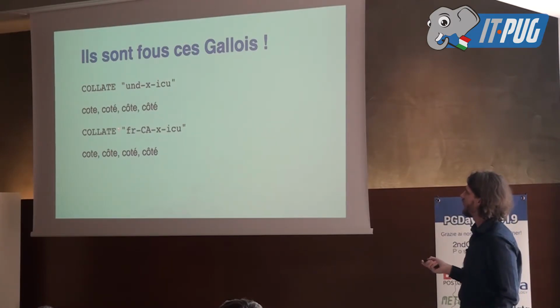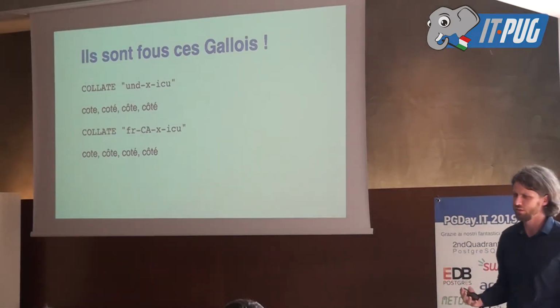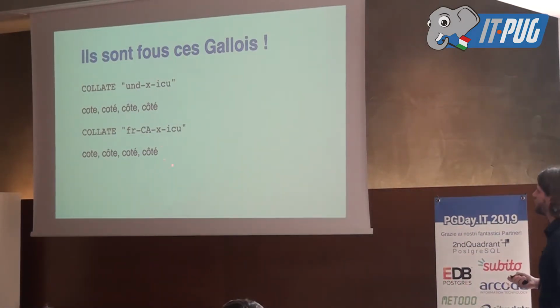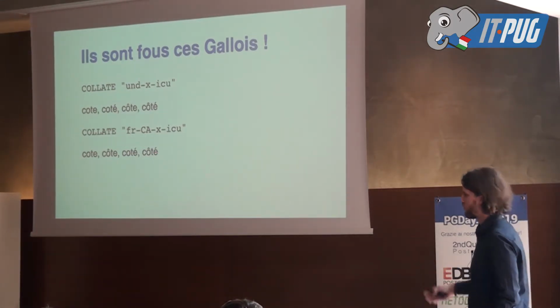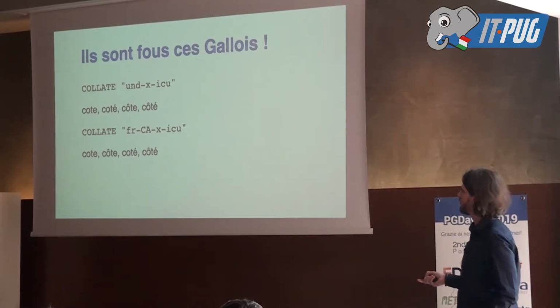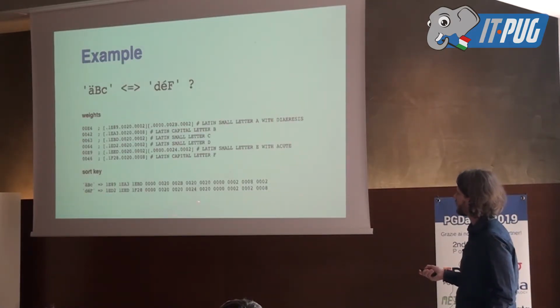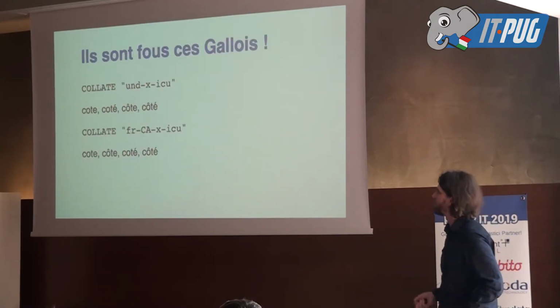But the French in Canada locale apparently has not updated its local standard yet. So if you use this French in Canada locale, you still get this old sort order. So this is a very bizarre special case, but it uses the same algorithm ultimately, right? It uses the same idea that we had here, it just flips this one backwards. So this is the kind of stuff you can do with this.